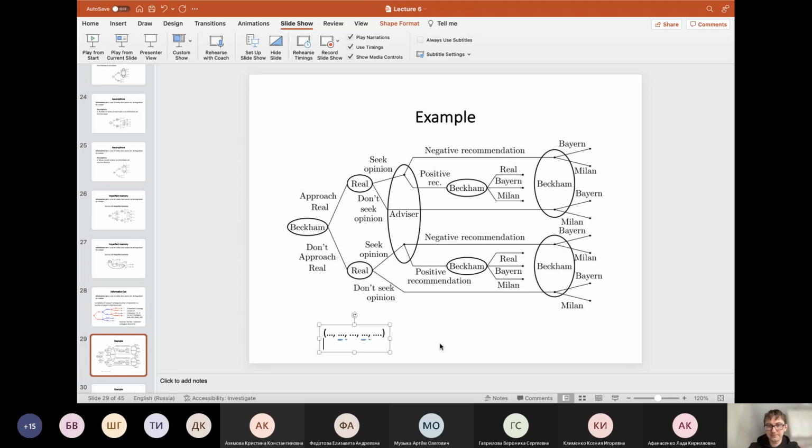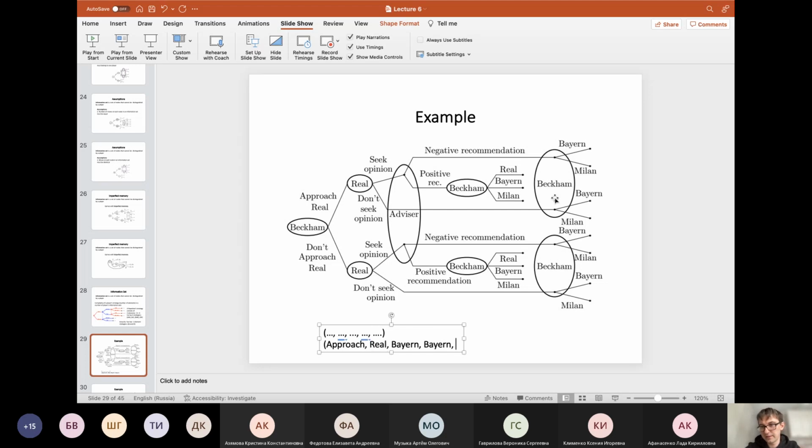Here's an example. At his first node, he can decide to approach. At the second node, he can choose Real. At the third node here, he can choose buyer, for example. At this node, he cannot distinguish, but he can choose buyer, for example.